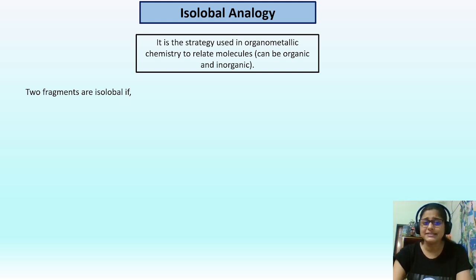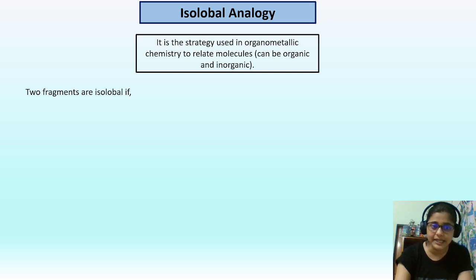We have to see a few things: how the two are talking and what the similarities between them are. These things we have to consider. Like that, if two fragments are isolobal, we have to consider a few things.